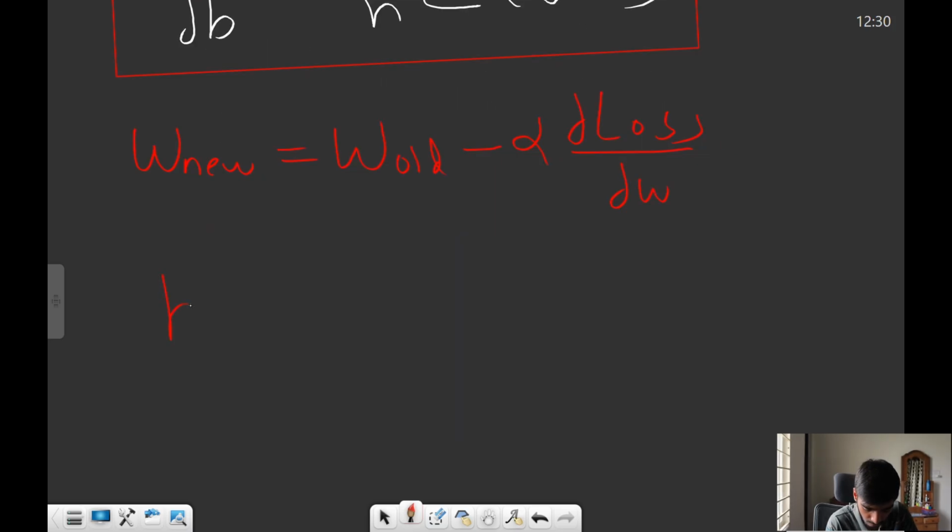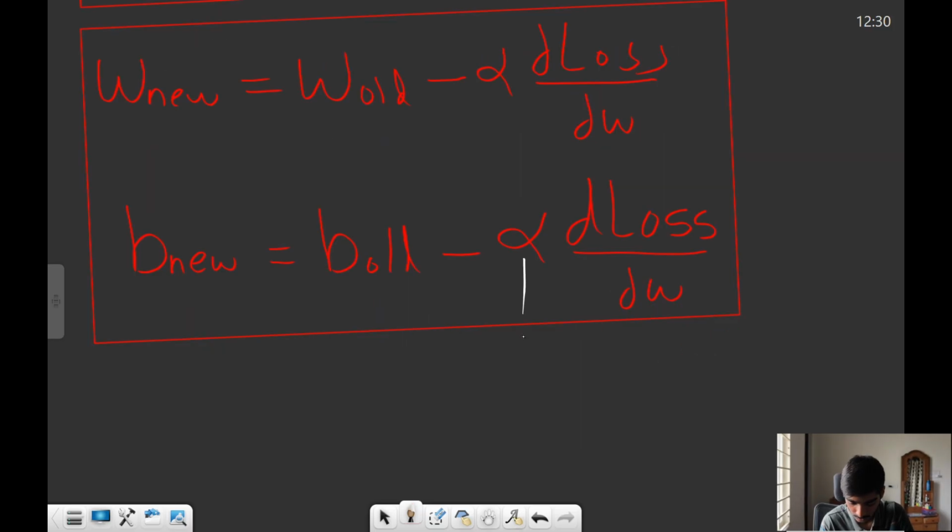Similarly, in the case of b, the new value of b is equal to the old value of b minus alpha into d loss by db. In these equations, alpha is called the learning rate.